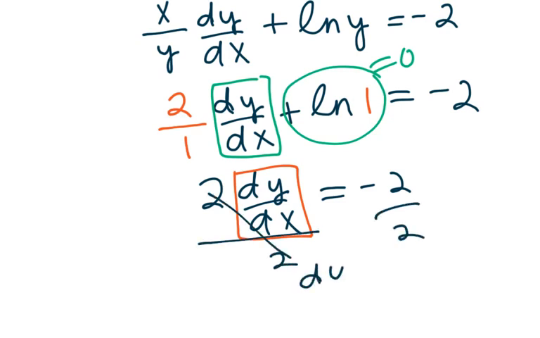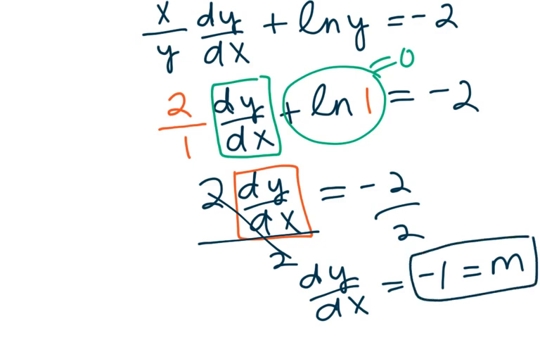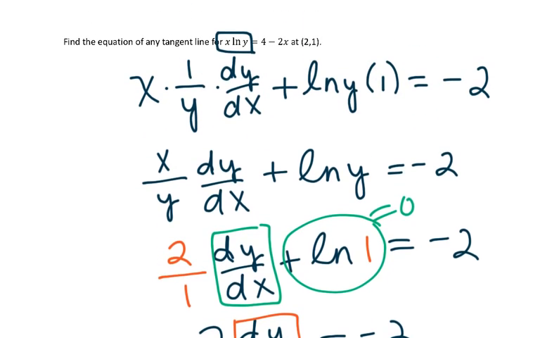And so I get dy/dx is equal to negative 1, which is our slope. Okay, so we just found the slope of the tangent line. Now we need to use our m value, which is our slope, and the fact that it's passing through this point to write the equation of that line.